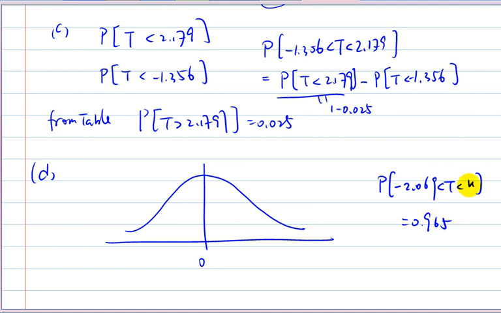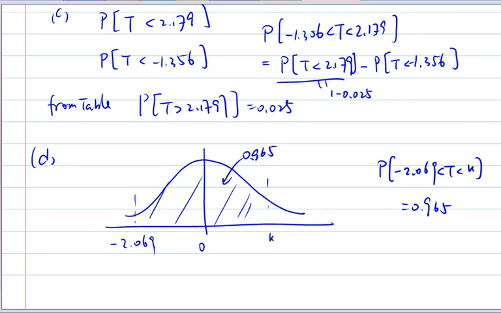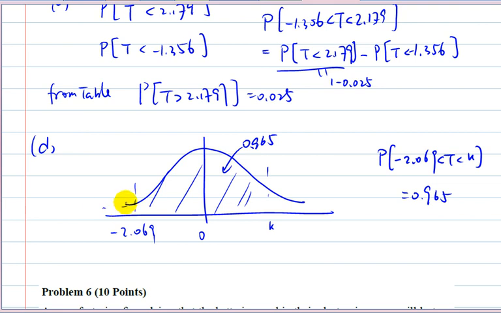So you're looking for the value of K here such that this probability equals this. First find negative 2.069, and maybe there's a K over here, and in the middle you have the probability 0.965.